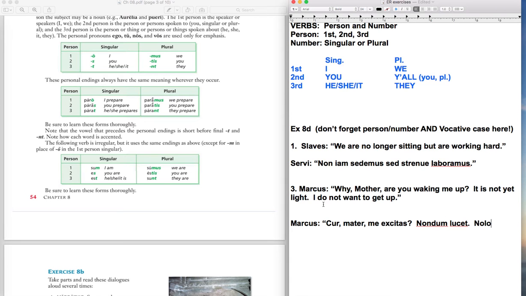I do not want to get up. To get up is this, surgere. Nolo surgere. I do not want is nolo. And to get up is the infinitive surgere right there.